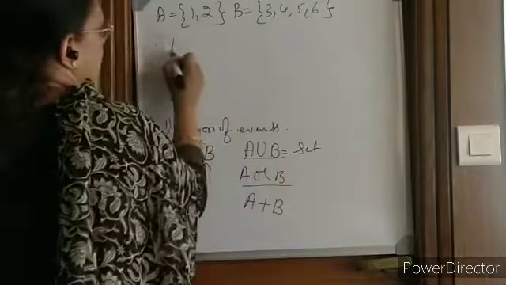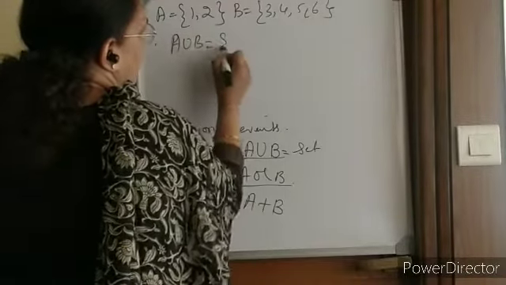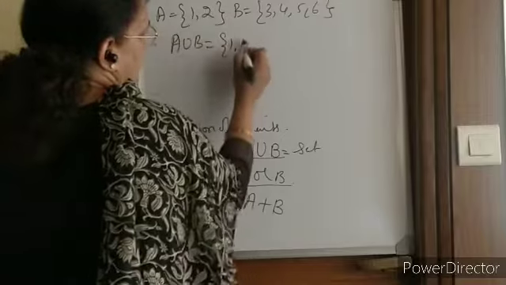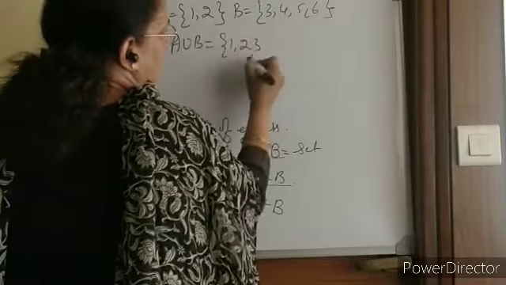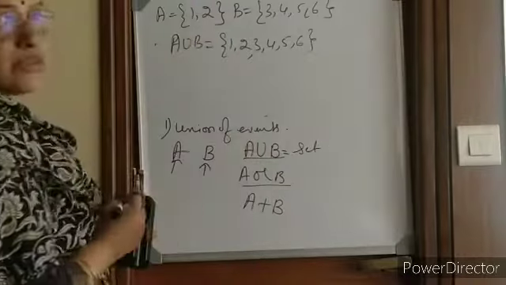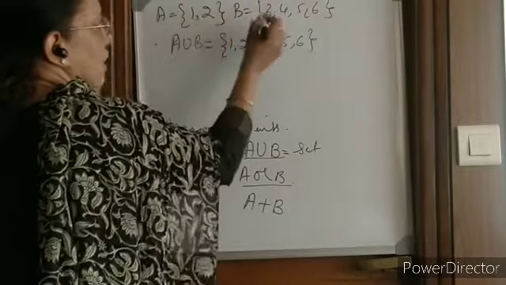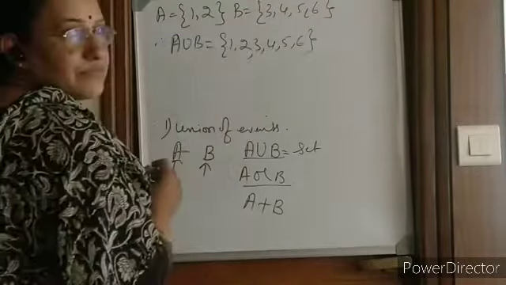Therefore A union B will be: 1 and 2 are in A and the rest of them are in B. So it is a set which contains those outcomes which are in A or those outcomes which are in B.